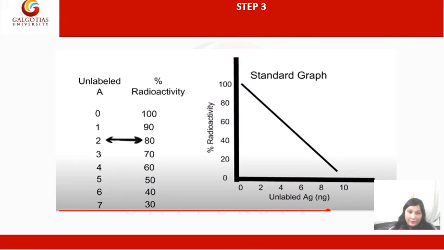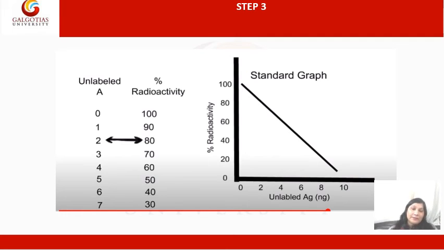Now what will happen? We have more unlabeled antigen in our solution, so more competition between unlabeled and labeled antigen takes place, and finally there will be a greater decrease in the radioactivity of the microtiter plate, right? Suppose in this step we found 80% radioactivity, meaning 20% has decreased.